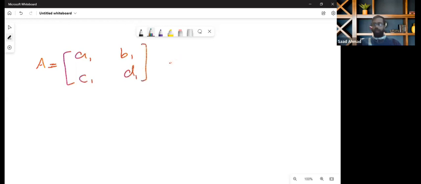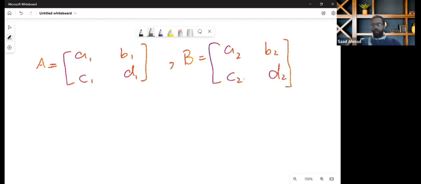And I have another matrix B, with entries A2, B2, C2, D2. The 1 and 2 just distinguish them: A1 is a member of matrix A, and A2 is a member of matrix B.